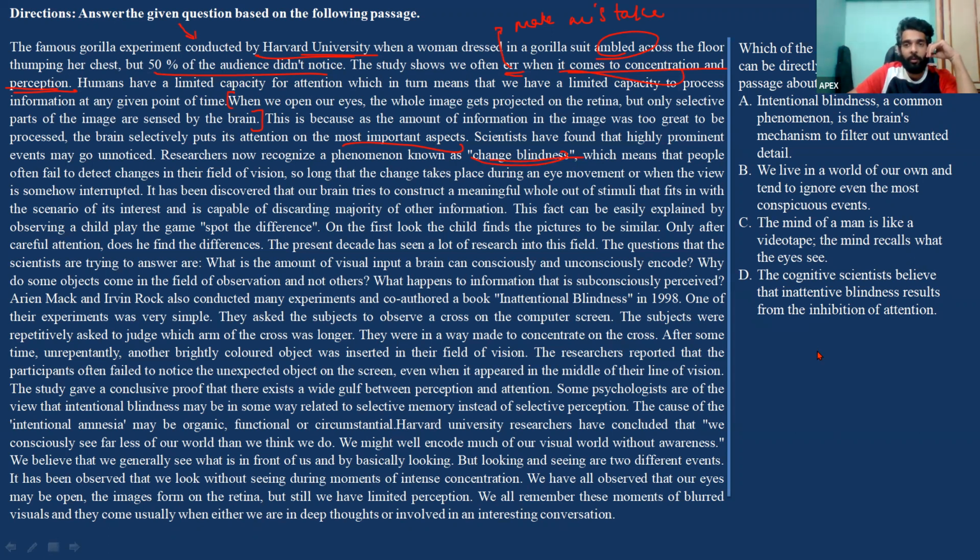Which means that people will often fail to detect changes in their field of vision so long as the changes take place during an eye movement or when the view is somehow interrupted. Okay, so if you see how I'm reading this particular passage, I'm giving the right stress and pause. I'm looking at the big idea and what part of it is actually important.